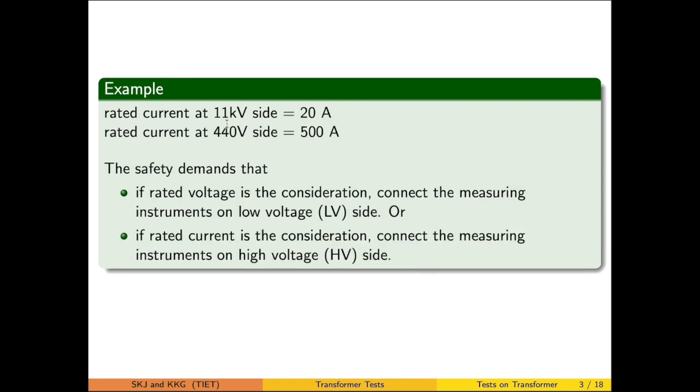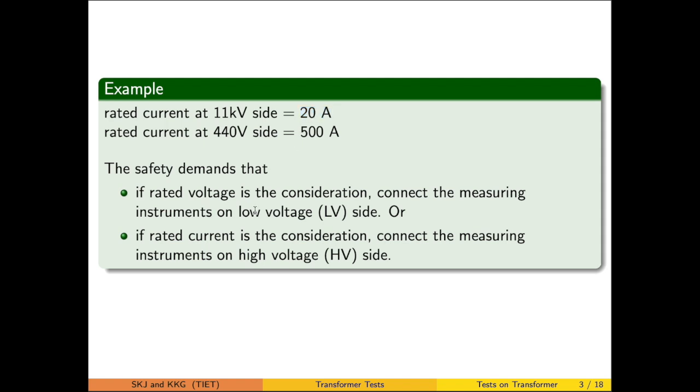So let's say the 11 kV is a high voltage, in comparison the 440 volt is a low voltage. Similarly, the 20 ampere is a low current in comparison to the 500 ampere. So it will be safe if the choice is given to work with the 440 volt instead of the 11 kV, and the 20 ampere instead of the 500 ampere.